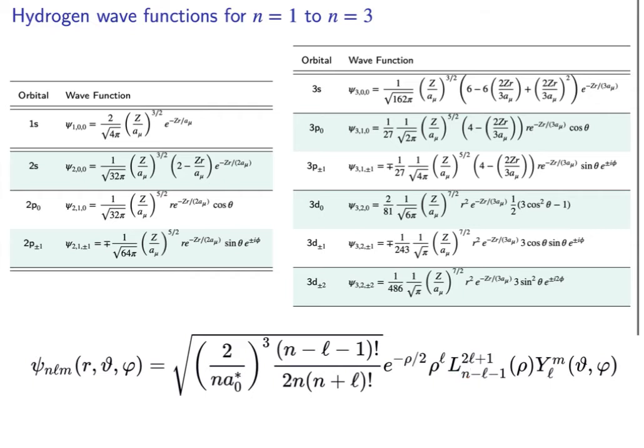This capital L with the crazy superscript and subscript represents Laguerre polynomials. Laguerre polynomials form a complete orthonormal basis for all polynomials, so you can construct any polynomial based on some combination of the Laguerre polynomials. And then this Y_lm thing is called a spherical harmonic, which is essentially a three-dimensional spherical version of sine and cosine.